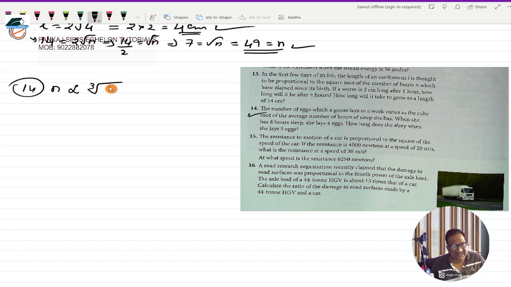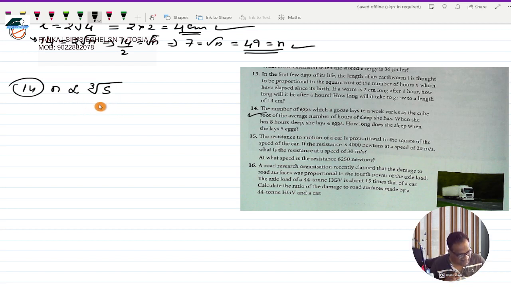So suppose S is the hour of sleep that the goose has. S is the total number of hours that she sleeps for, and this N is the number of eggs she lays. This is every week. Okay, fine.